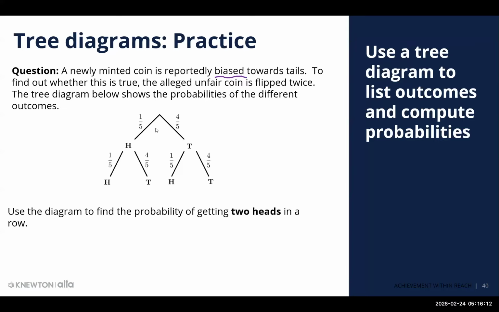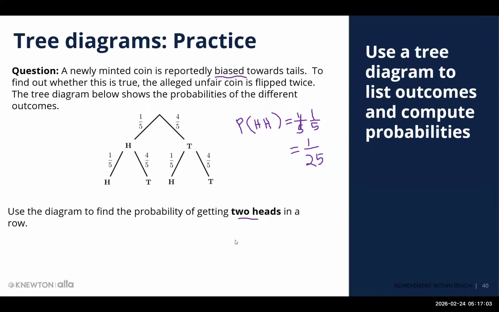And so you can ask questions like, what's the probability of landing on heads the first time and then landing on heads the second time? So getting 2 heads. Well, there's only a 1/5 chance of landing on heads the first time, and there's a 1/5 chance of landing on heads the second time. So there's a 1 in 25 chance of both of those events occurring.